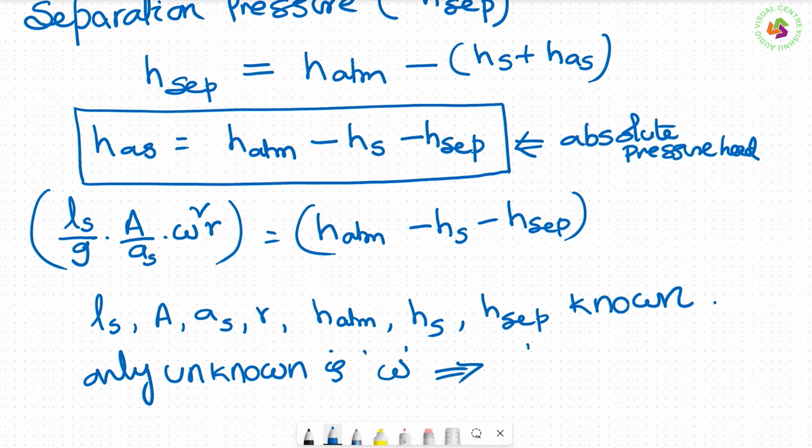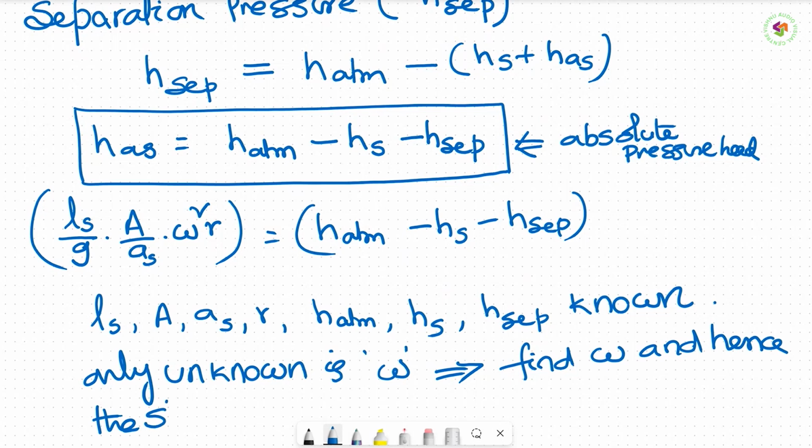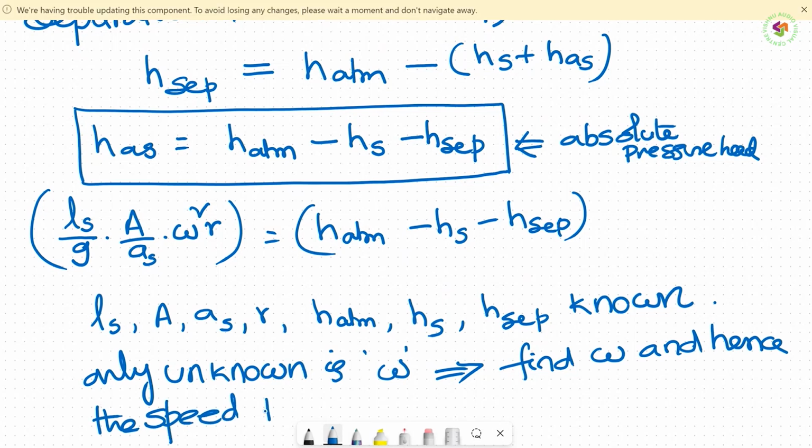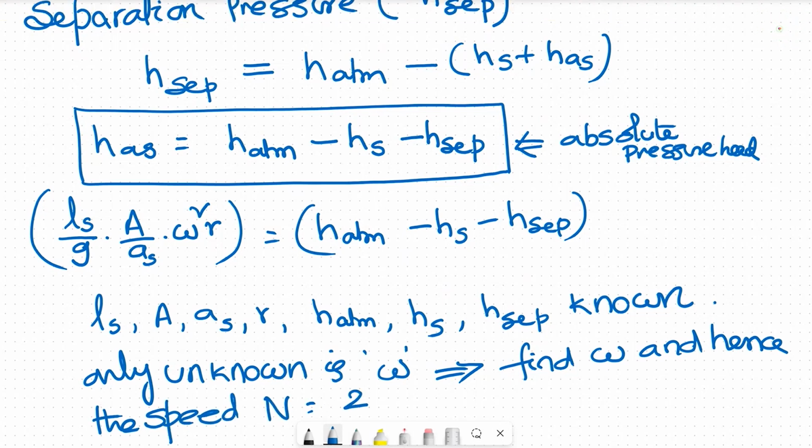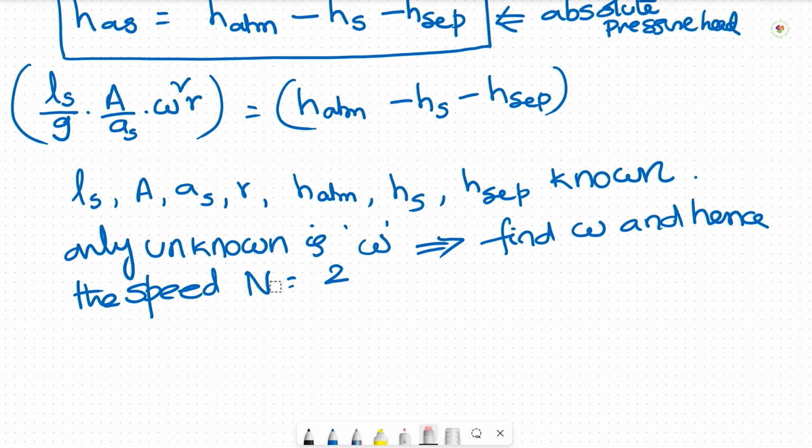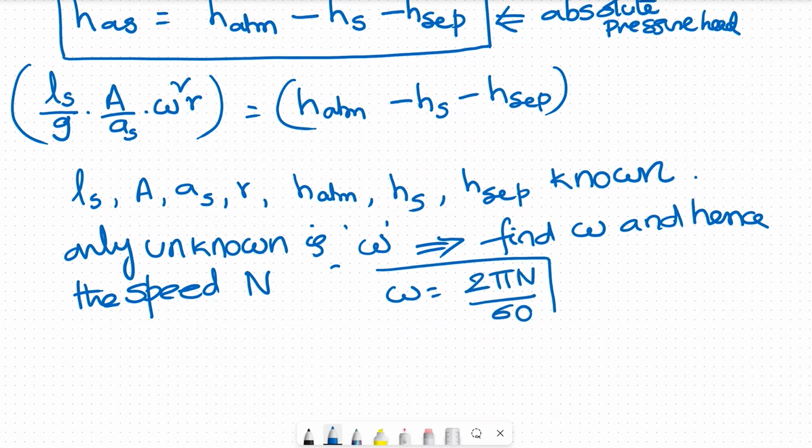So find omega and hence the speed n, using the relation omega is equal to 2 pi n by 60. This is the basic thing. So we got the speed. Keep it. That is the first thing.